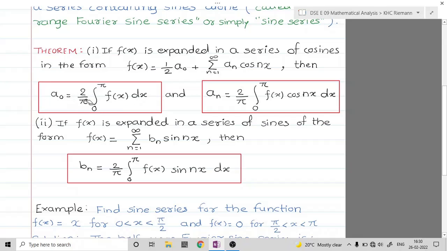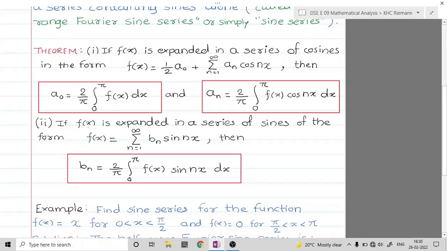So a0 is equal to 2 by pi integration 0 to pi f of x dx, and an is equal to 2 upon pi integration 0 to pi f of x cos nx. हे फॉर्म्युले अगदी सिमिलर आहेत आपल्या जुन्या फॉर्म्युल्यांबरोबर, पण इंटरवल आता 0 टू पाय असणार आहे आणि हाफ रेंज असेल तर 1 अपॉन पायच्या ऐवजी तुम्हाला कोइफिशियंट बाहेर 2 अपॉन पाय घ्यायचं आहे a0 आणि an साठी.